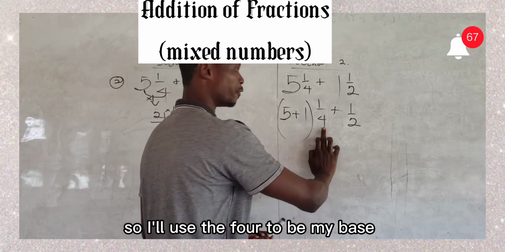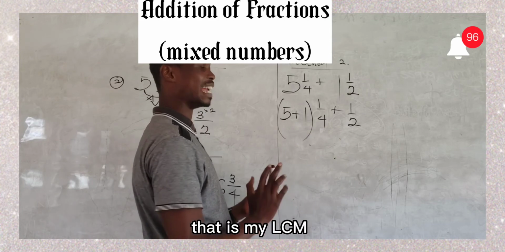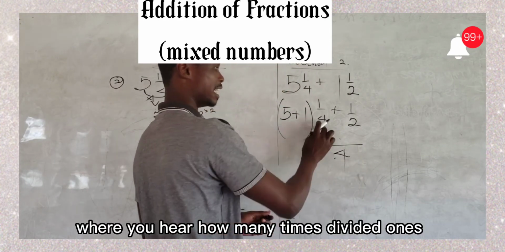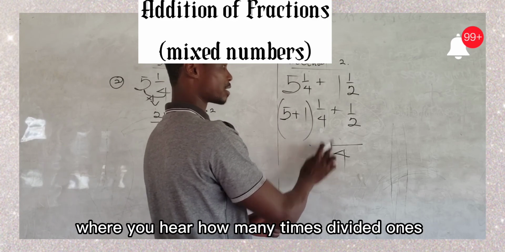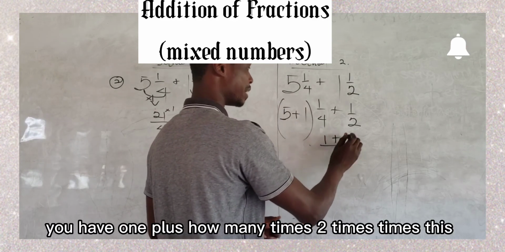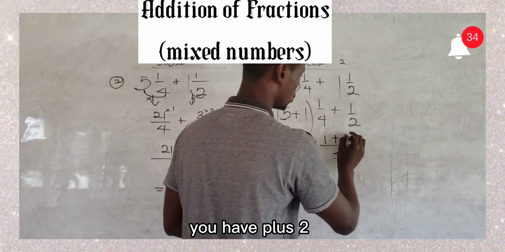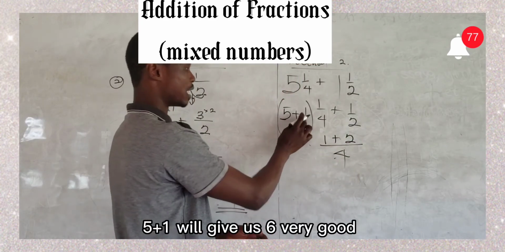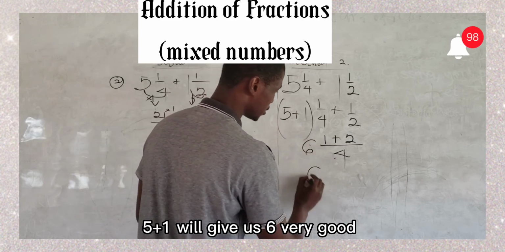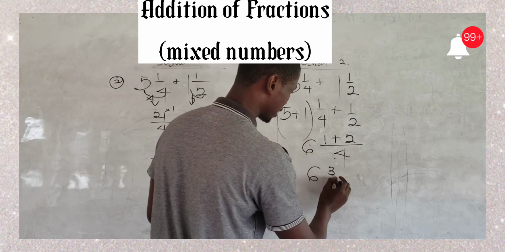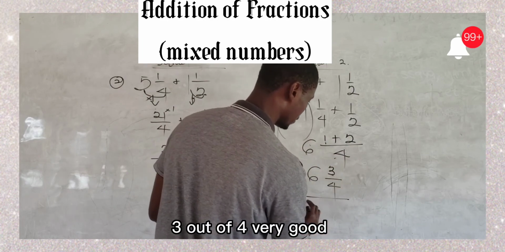So I'll use the 4 here to be my base, that is my LCM. So here it is 4. Very good. Here how many times? You divide it once, you multiply by this, you have 1. Plus, how many times? 2 times this, you have what? 2. 5 plus 1 will give us 6. Very good. 1 plus 2 will give us 3. 3 out of 4. Very good.